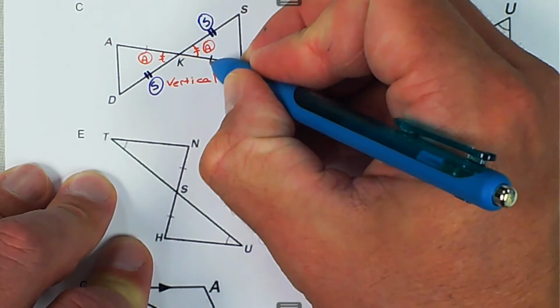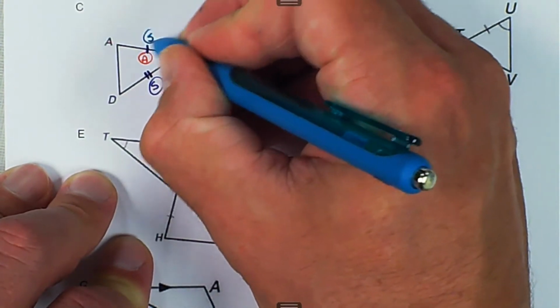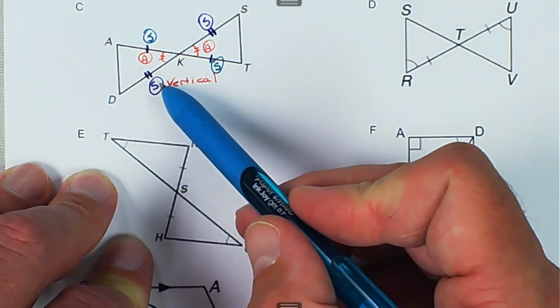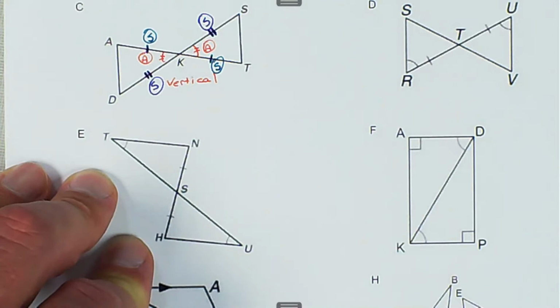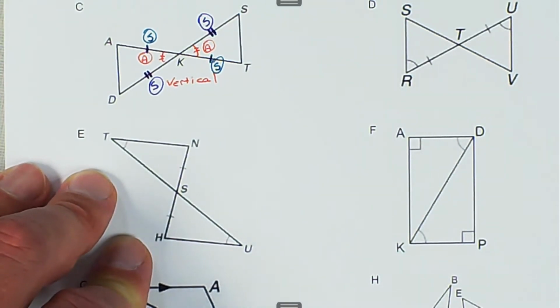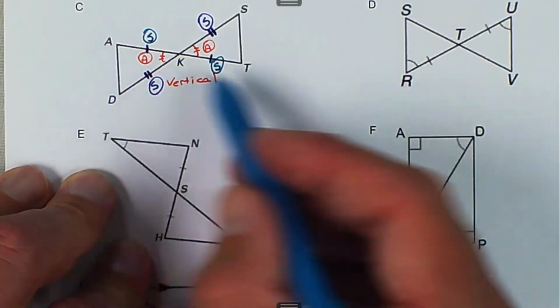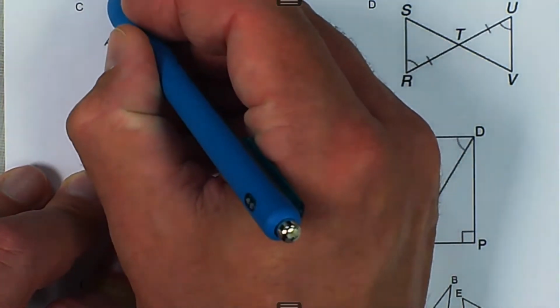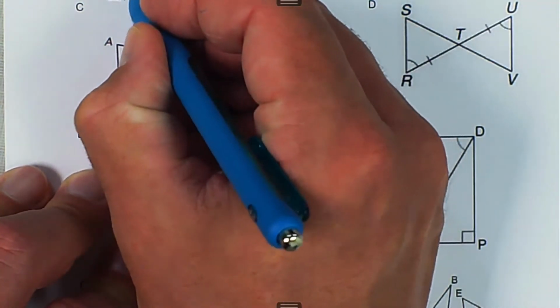And then this one mark here is a side, and this mark is a side. So side, angle, side, side, angle, side. So then this is congruent. And we have to go based off of the corresponding parts. So triangle, we can call it ADK.